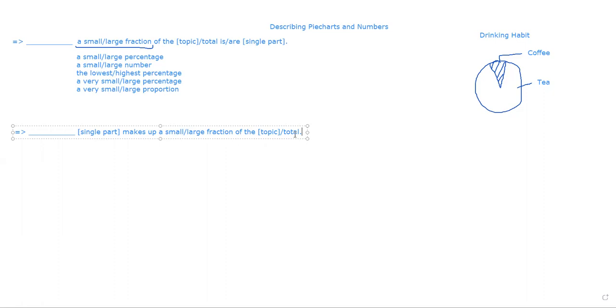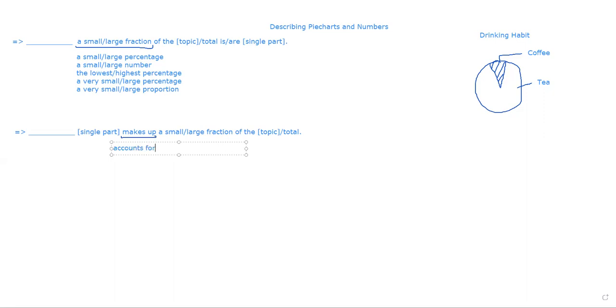Fraction in total. You can use of the topic or you can use of the total, simply of the total. So instead of this phrasal verb makes up, you can use another phrasal verb here, account for.